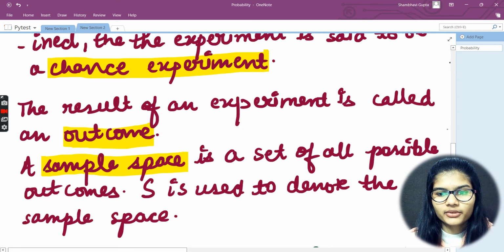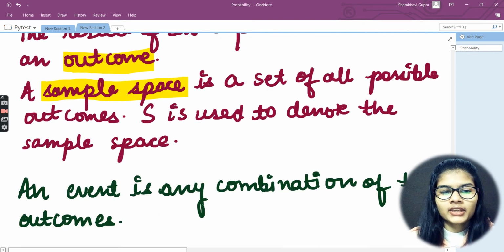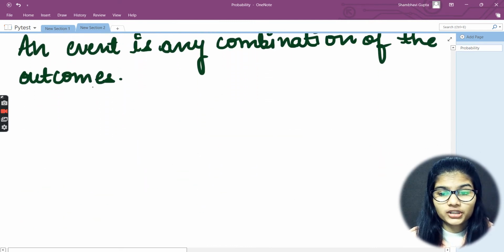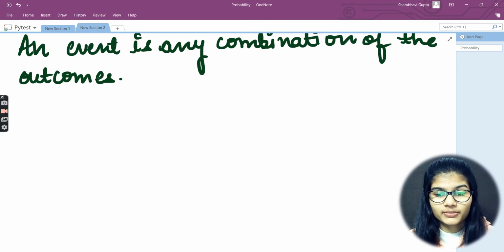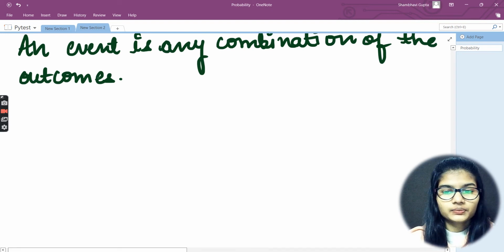We discussed in the previous video that the result of an experiment is called an outcome. So an event is a combination of different outputs which you have for a probability. In simple terms, you could just mention it this way. Great. So this is what an event is.